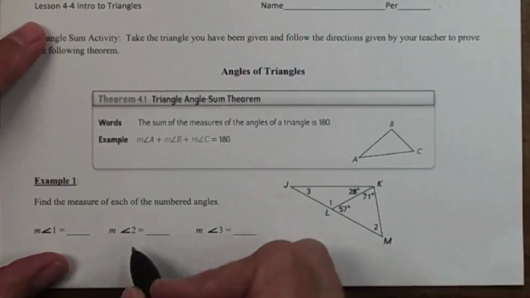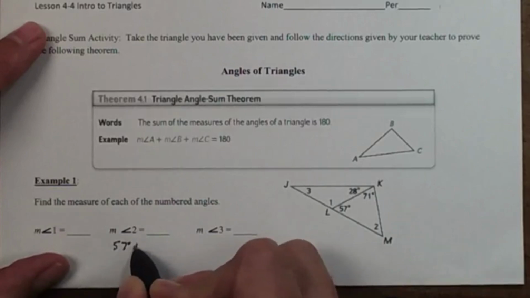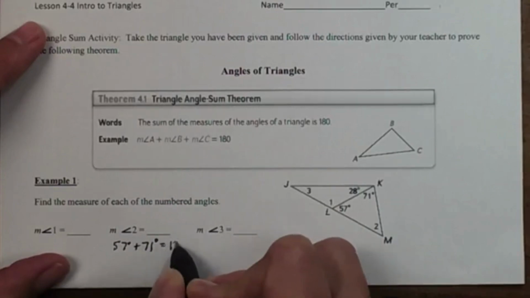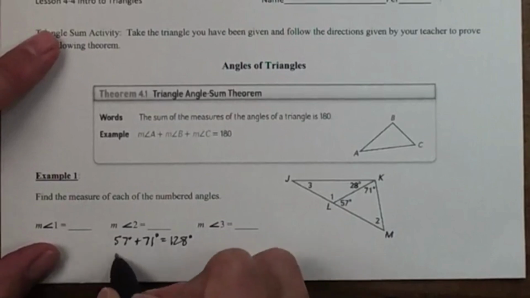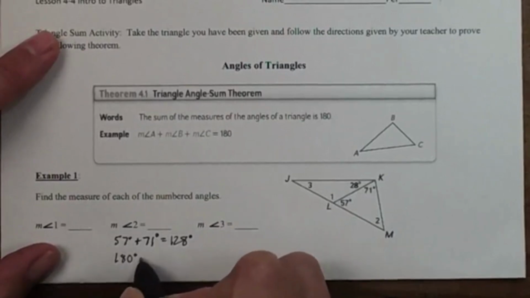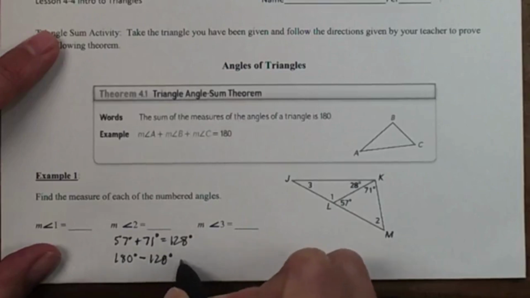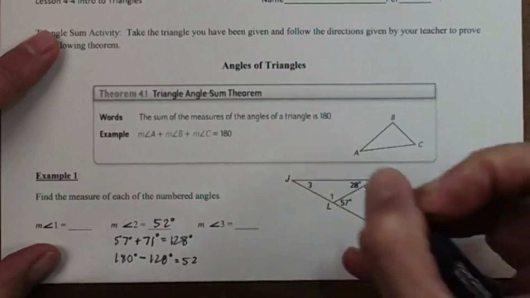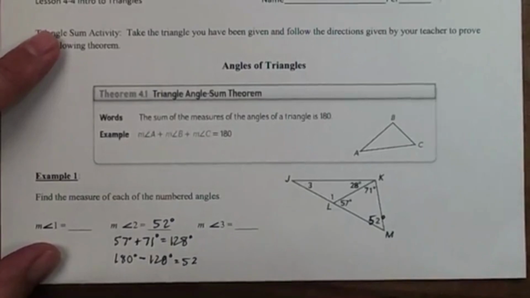If I add those two angles up that are there, 57 plus 71, I get 128 degrees. So using this triangle sum theorem, I can subtract 128 from 180 and get 52. There's a 2 there. That's nice. 52 degrees right there for angle 2.